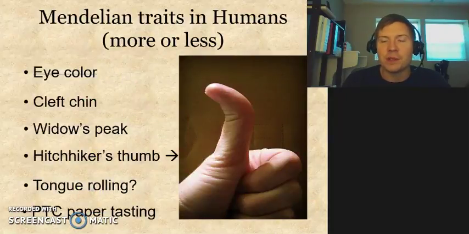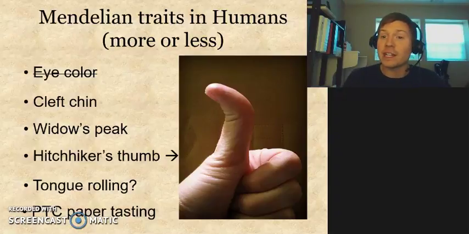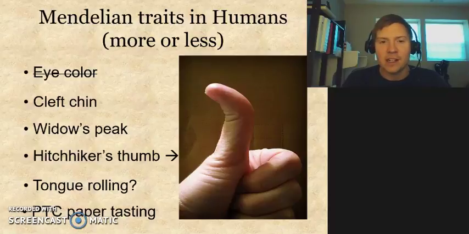Now some traits may or may not be exactly Mendelian or work like this in complete dominance. We know eye color now is not as simple as brown being dominant to blue eyes. Eye color in humans is actually controlled by multiple genes, so you can't do these crosses too easily with eye color.